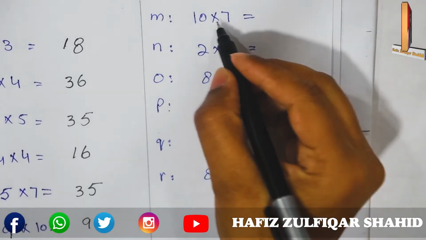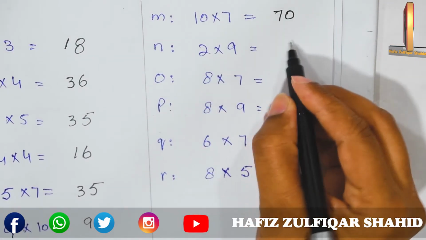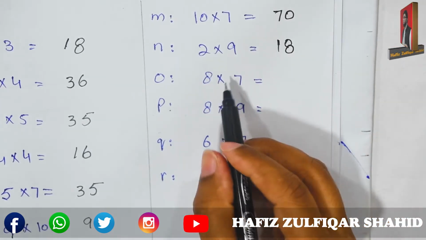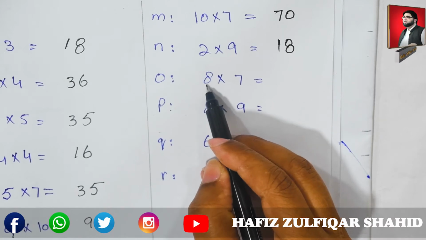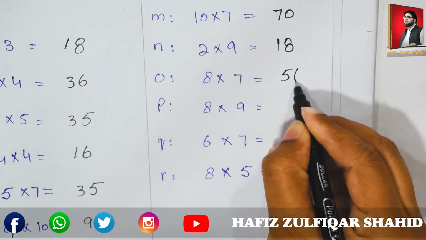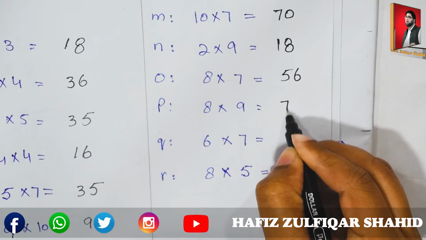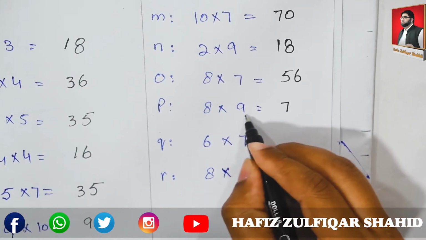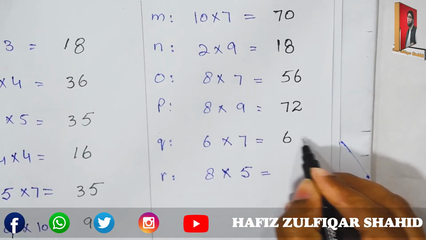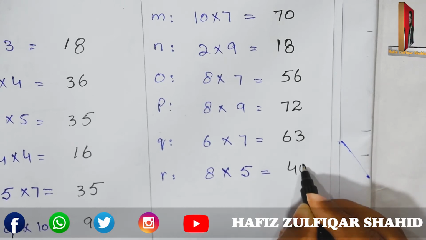Next is 10 times 7, 70. 2 times 9 is 18. 8 times 7 is 56. 8 times 9 is 72. 6 times 7 is 63. 8 times 5 is 40.